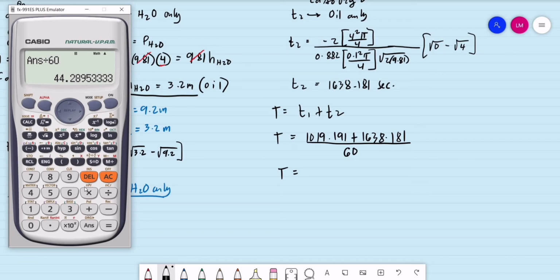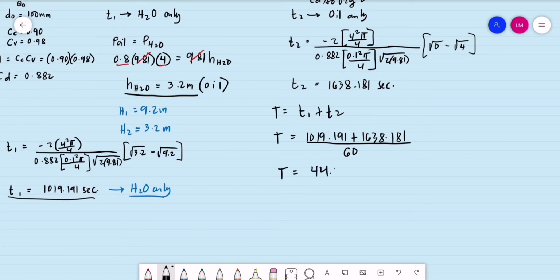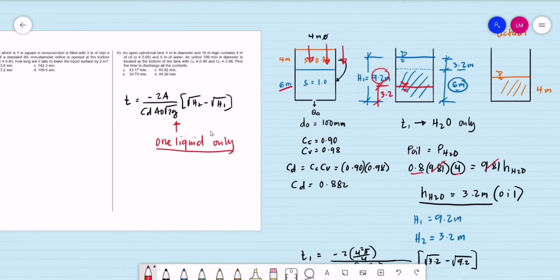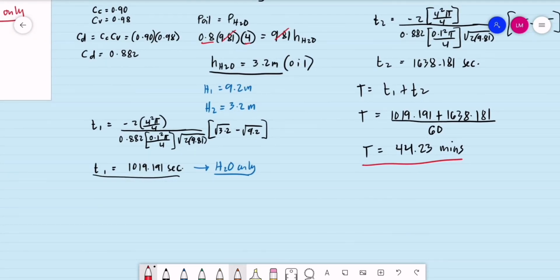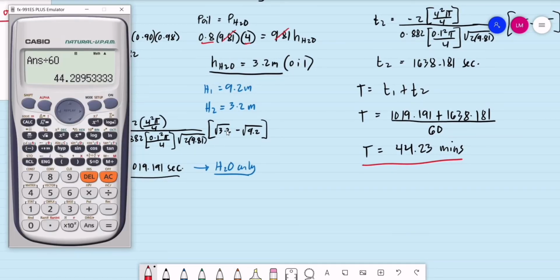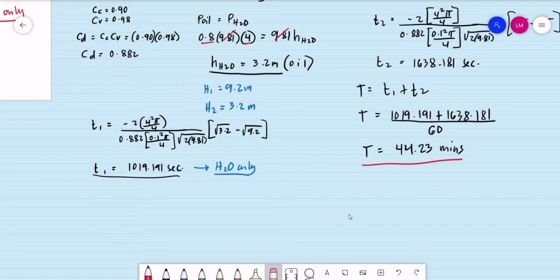That is 44.2, sabihin na lang natin, 44.23 minutes. Okay, check natin if we have this value, 44.23 minutes sa choices. Bakit 23 yun? 44.29, not 23.